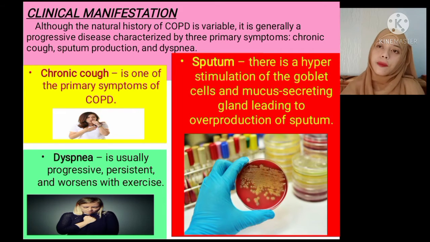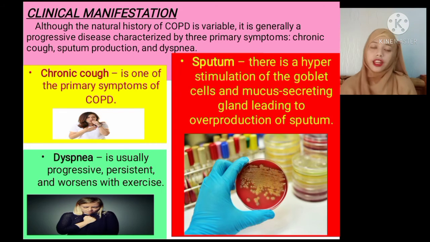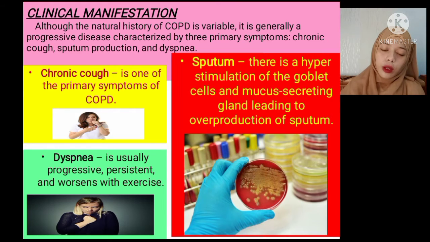There is a hyperstimulation of the goblet cells and mucus-secreting glands leading to overproduction of sputum. Increasing sputum is the increase of mucus production and secretion, because of the oversized mucus glands in their airways compared to healthy people.